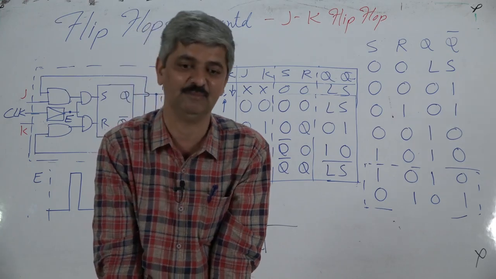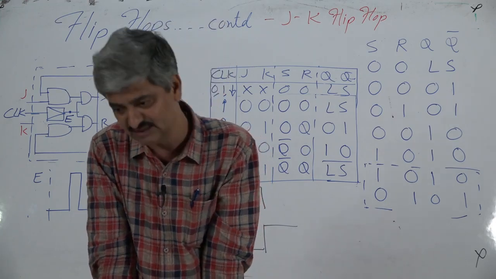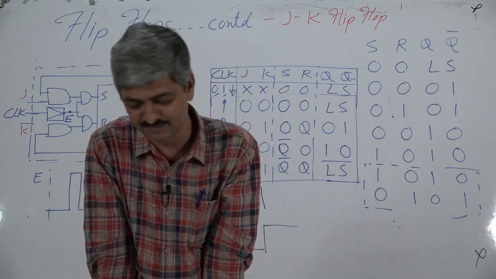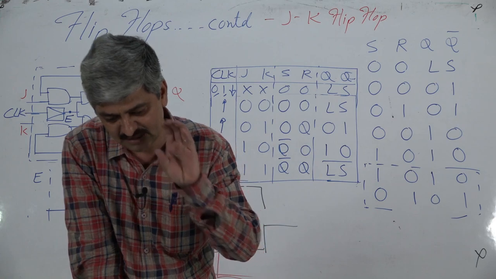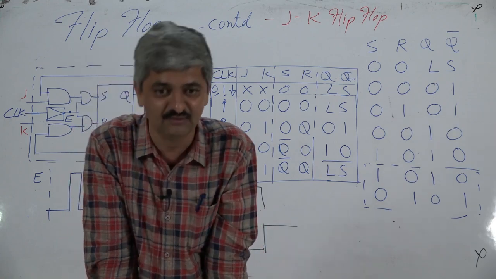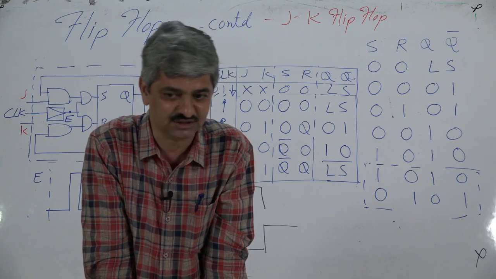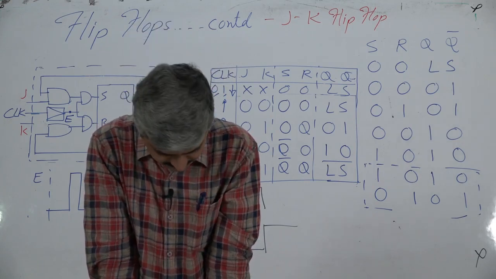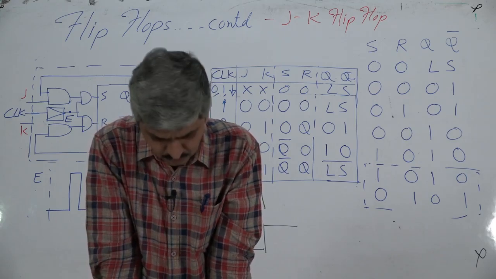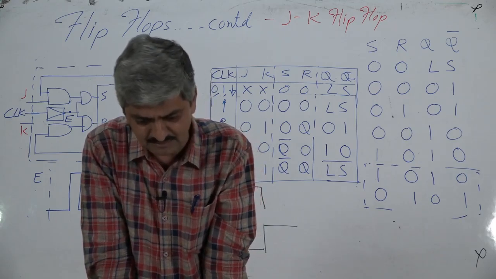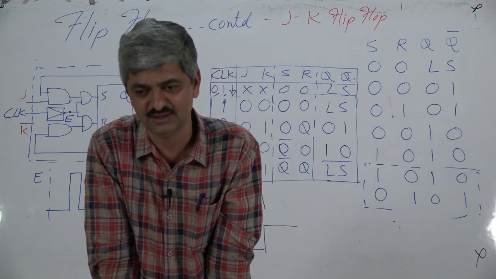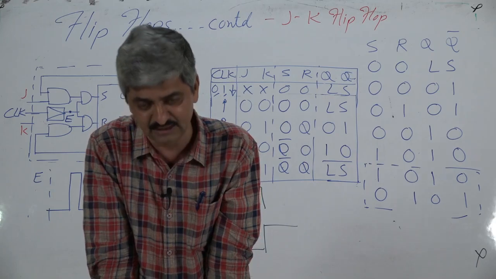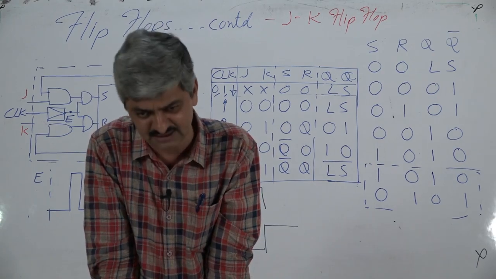In order to avoid this, a master slave JK flip flop has been designed, and the master slave JK flip flop is really a very wonderful circuit. It becomes the basic building block of all digital circuits, such as counters. The JK flip flop becomes a universal flip flop which can store things and can complement, and we can use it for counters and shift registers.